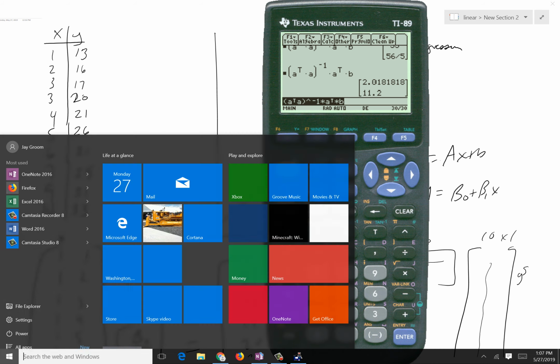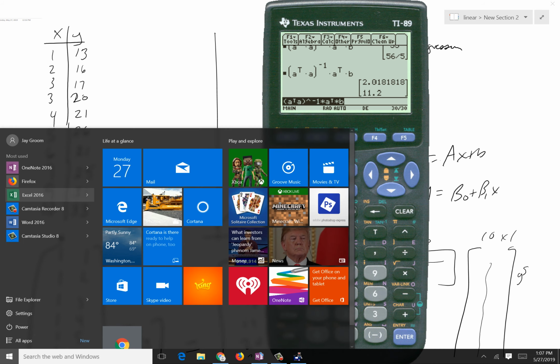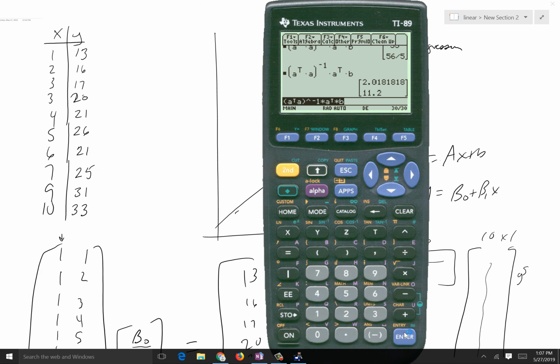Okay, now I'm going to bring up Excel. I think that's just helpful to see it in a way that you've probably normally seen these guys over the years. A little Excel.